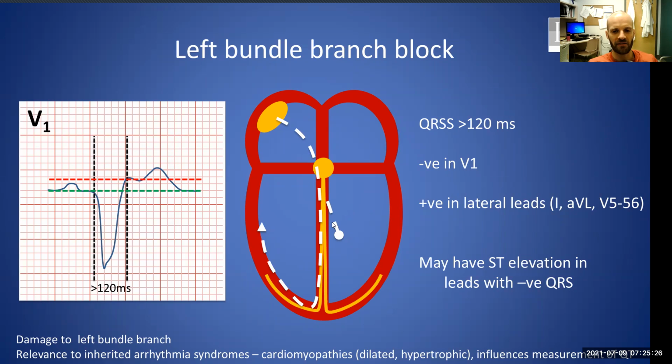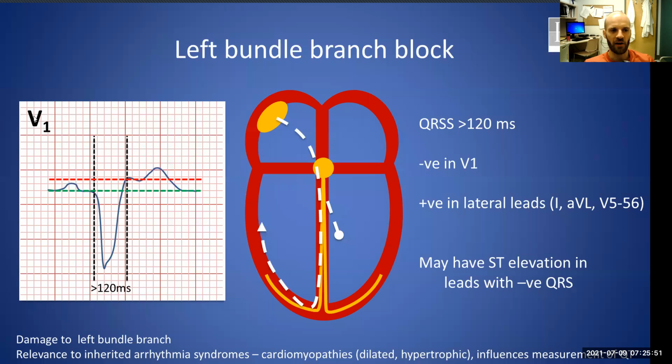It may be that the left bundle is conducting, but it's just conducting very slowly. It may be that the left bundle just takes longer to recover than it normally does. And so at slow heart rates, it may conduct normally, but at rapid heart rates, it may fail to conduct. So there are several reasons why you can get this functional block of the left bundle, but either way, it leads to a similar sort of ECG pattern.